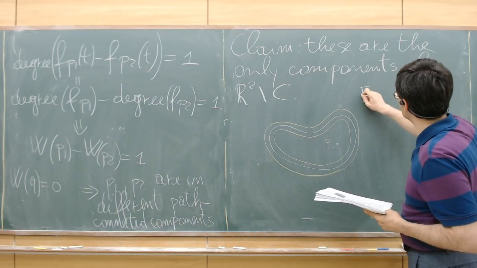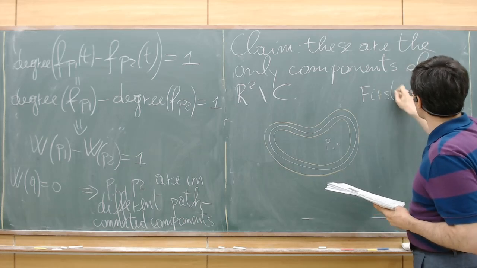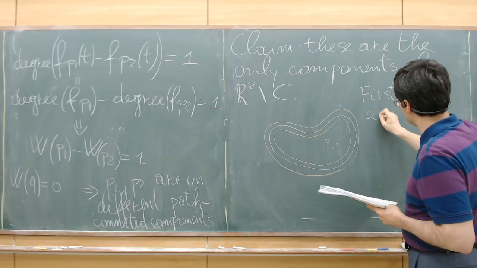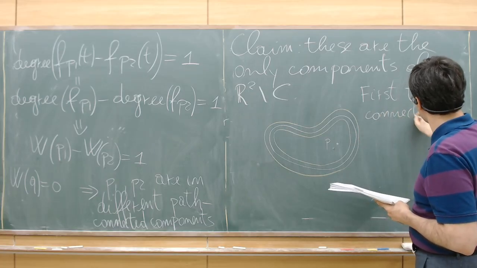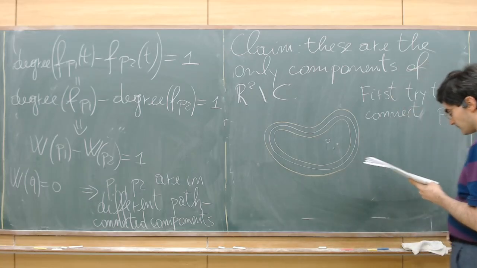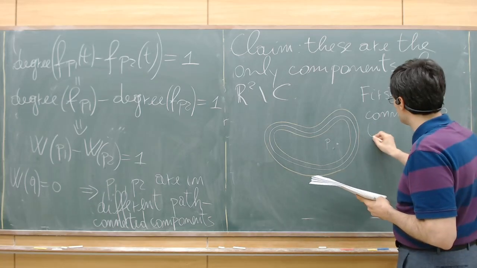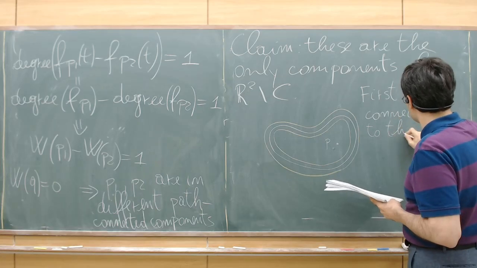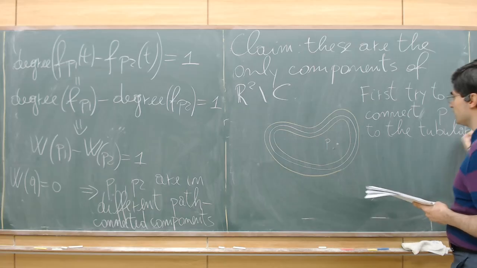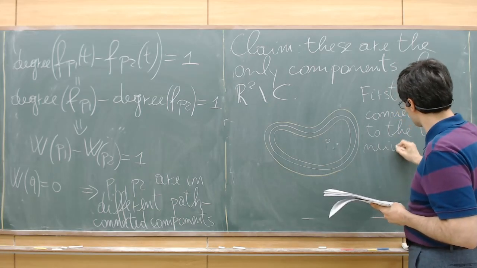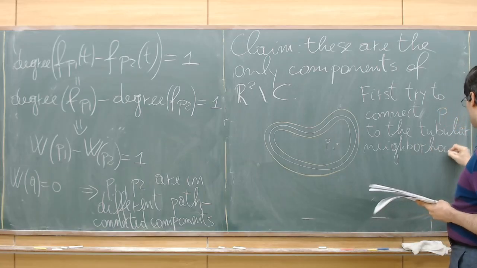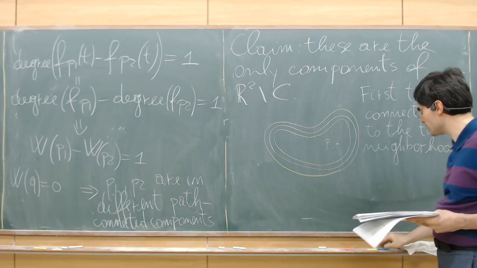First, try to connect P to the tubular neighborhood. So for example, you can do this way.